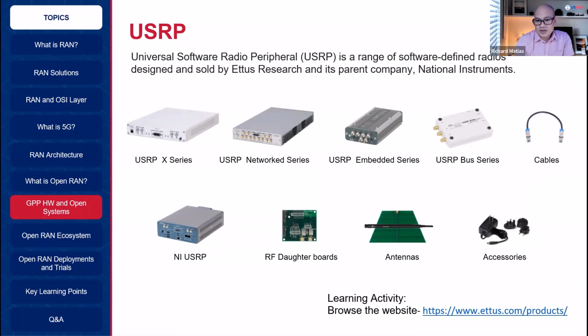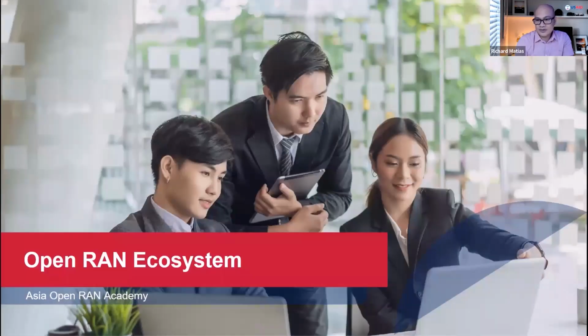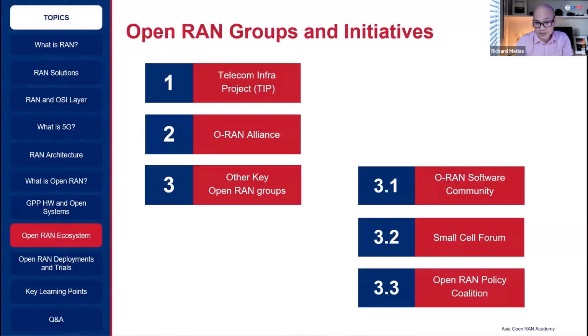So let's take a look at the Open RAN ecosystem. We have the Telecom Infra Project and the ORAN Alliance. We also have other Open RAN groups like the ORAN Software Community, Small Cell Forum, and the Open RAN Policy Coalition. So who are these engaged in Open RAN? Let's look at the Telecom Infra Project.